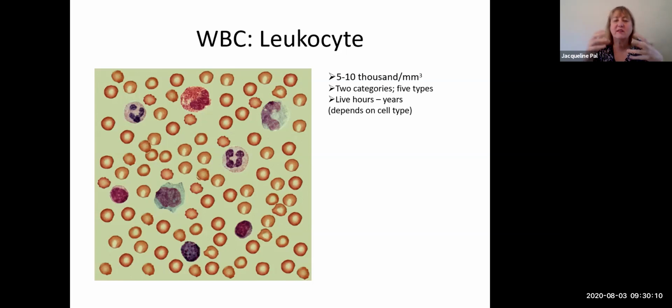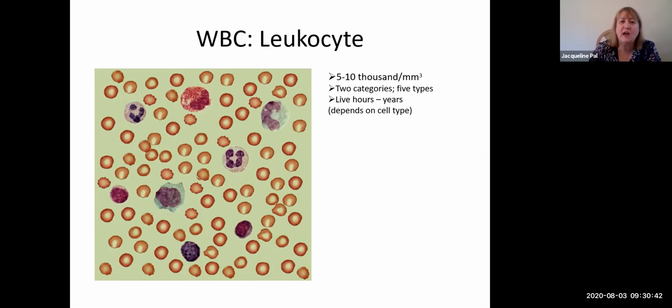How long they stay in the tissue doing their jobs could be as few as hours, less than a day, or most of them are going to be there 4 or 5 days, but some of these can be around for years. So I'm not going to ask you to learn how long each one circulates in the blood and how long they stay in the tissue. Just realize it depends on the cell type.